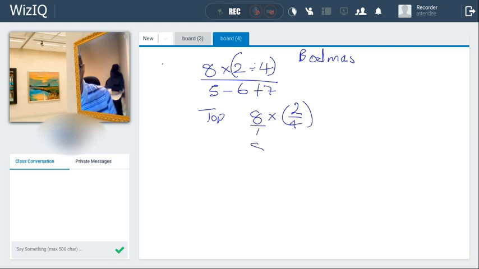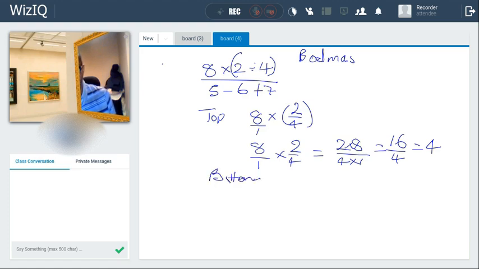So it's going to be 8 over 1 multiplied by 2 over 4 equals 2 times 8 over 4 times 1. So this is going to give you 16 over 4, which is equal to 4. So the top is 4.